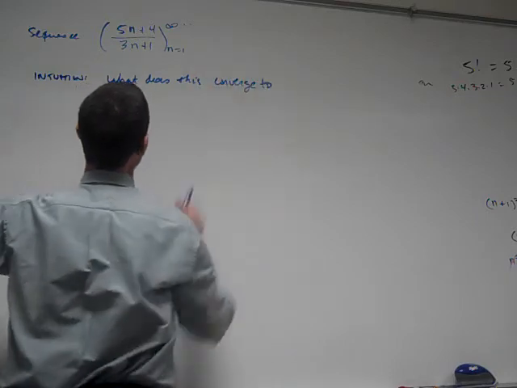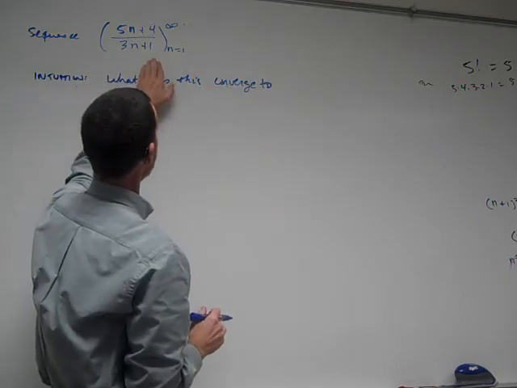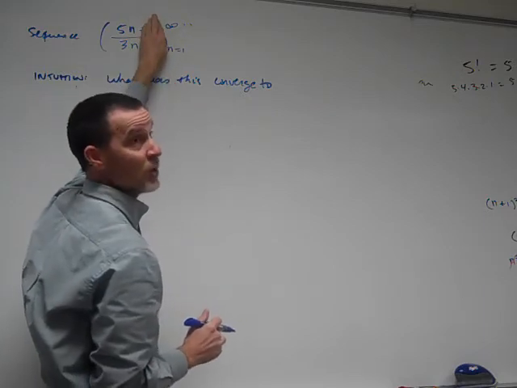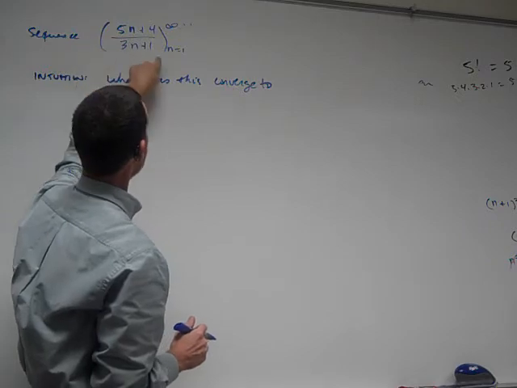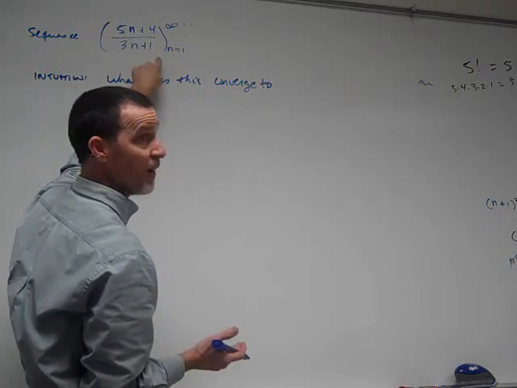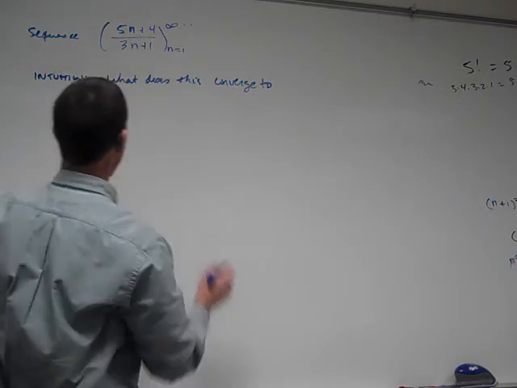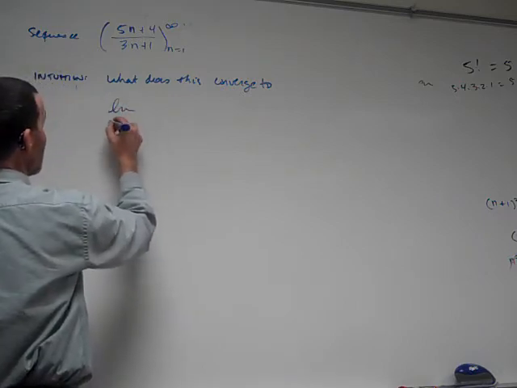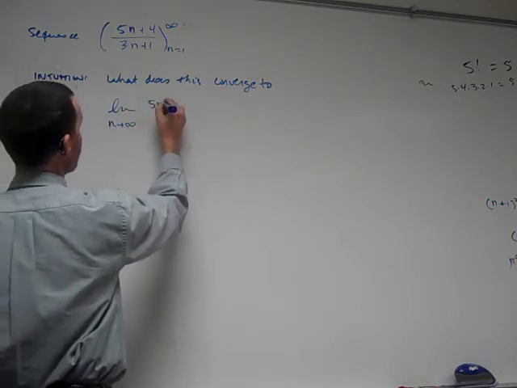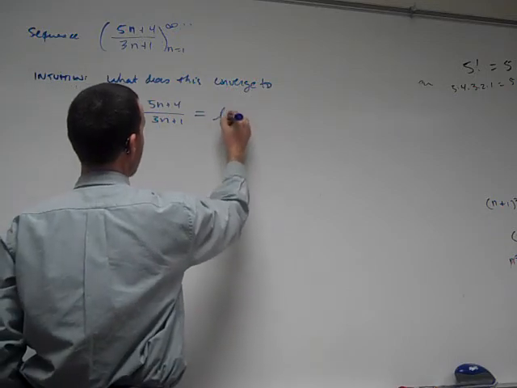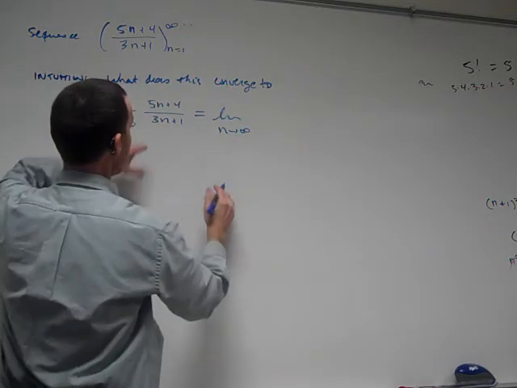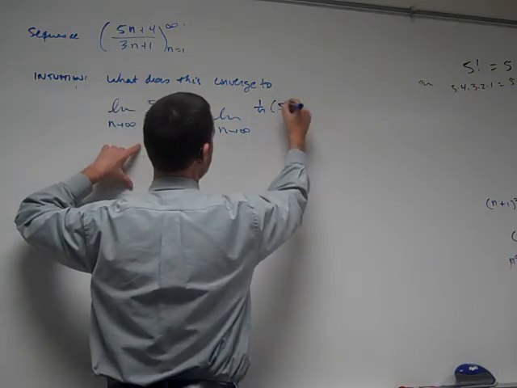5/3. Right, 5/3. You can see that a couple ways. You can say, well, the 4 and the 1 don't matter much. You put a billion in, you get 5 billion plus 4 over 3 billion plus 1, which is basically 5 over 3. Or you can do some fancy algebra and multiply the top and the bottom by 1 over n.